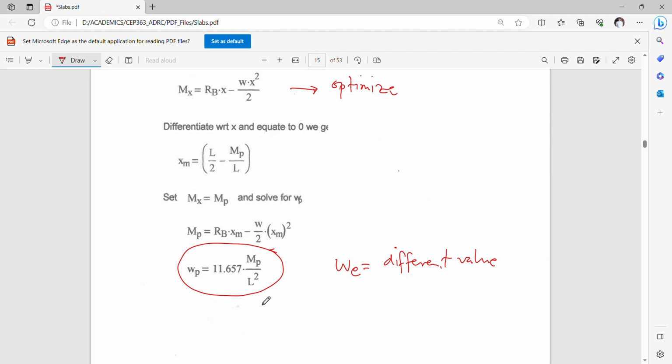Is it greater or less than? What do you think? So expectedly, your elastic must always be less than your plastic load. Okay, because we are talking here of an upper bound theorem. In this regard, we expect that your computed load in terms of limit analysis will always be greater than your load at service.